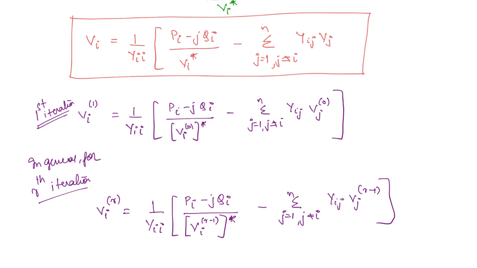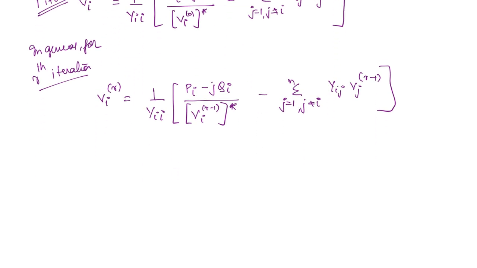But the voltages beyond bus 3, those you will not have the rth iterations, right? So those you can write as the r minus 1th iterations. So this is just to speed up the iterations. There is another way, which is the acceleration factor, so that we will be discussing a bit later.